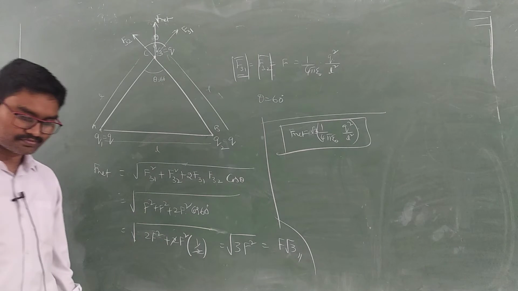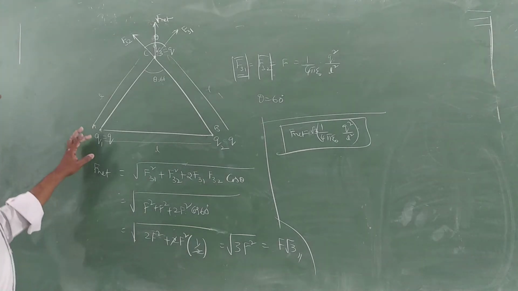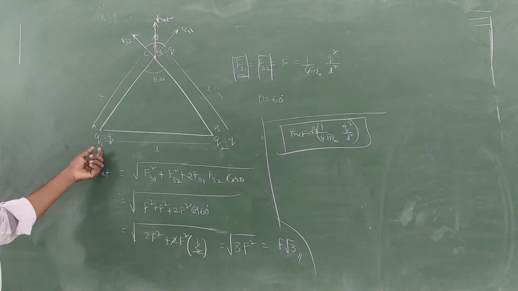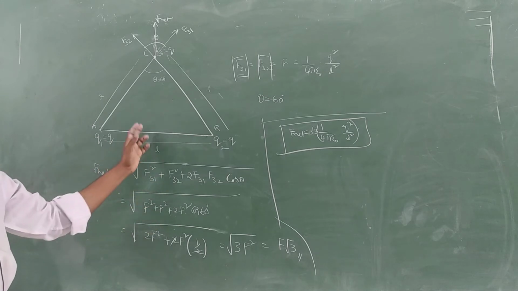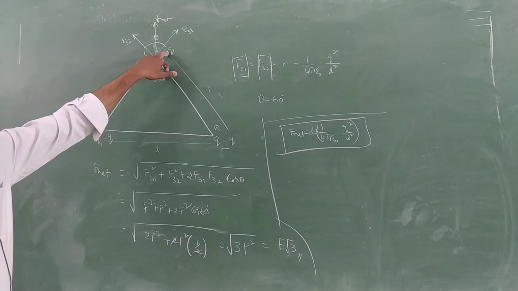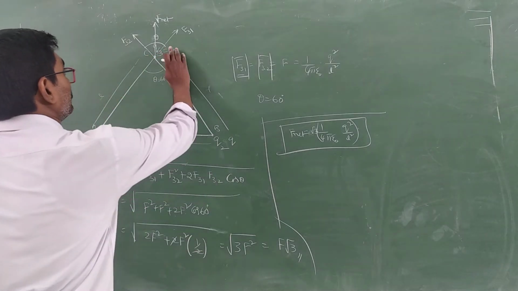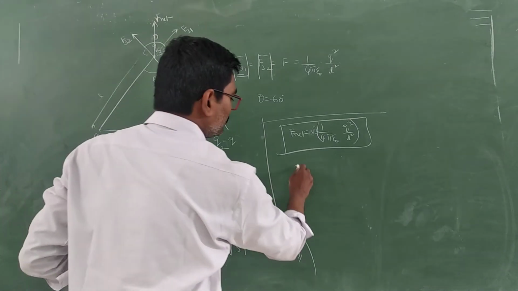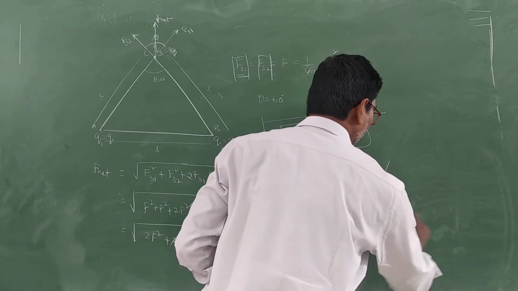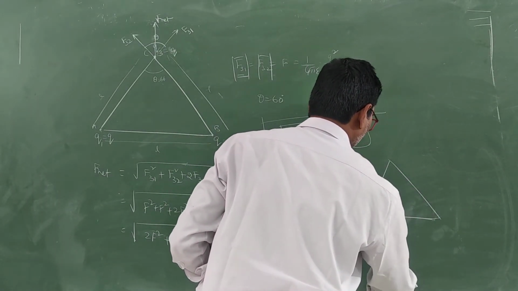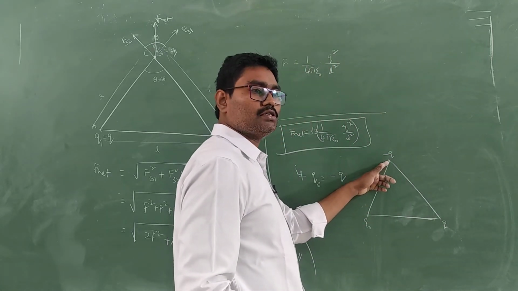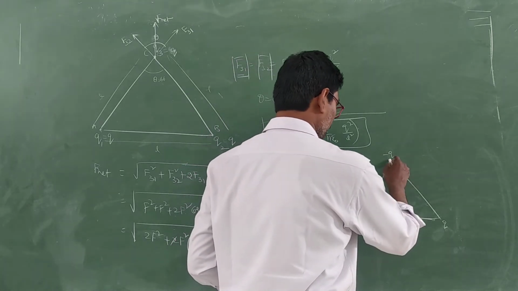See here, since all charges are like charges, all are positive. Suppose any one charge is negative, like if I take Q3 equal to minus Q, then see how to identify the directions. This is Q, this is minus Q. What is the direction of force?